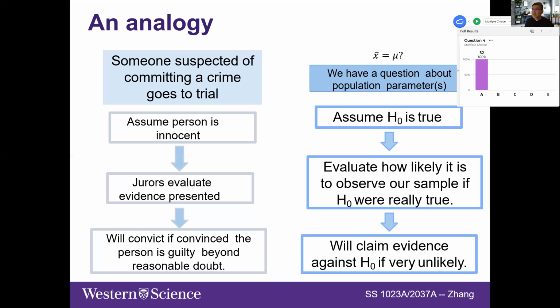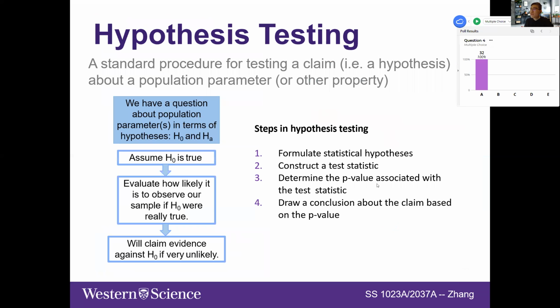So that's the idea. In terms of practice, hypothesis testing has 4 steps. The first step corresponds to the first part of our flowchart, which is to formulate the statistical hypothesis.